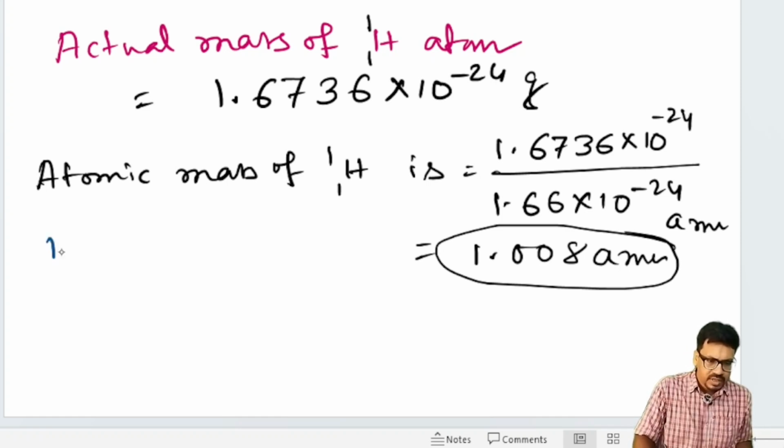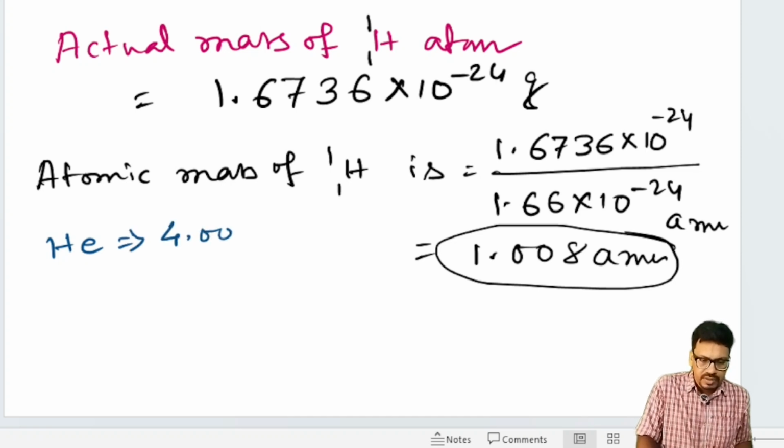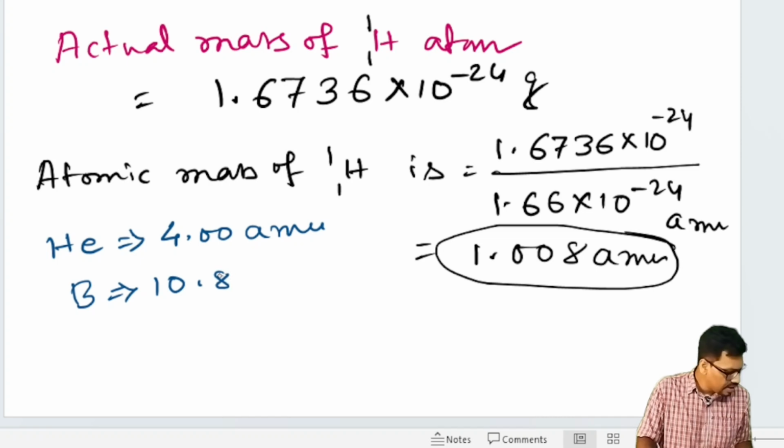That means the mass of helium is 4.00 AMU. Boron is 10.81 AMU.